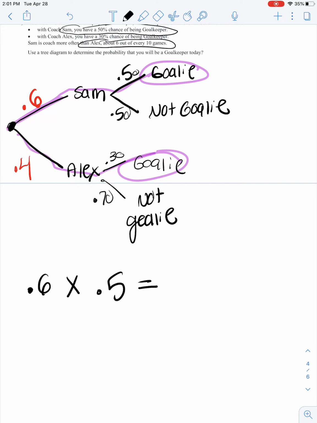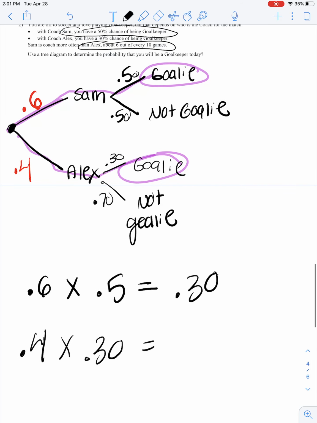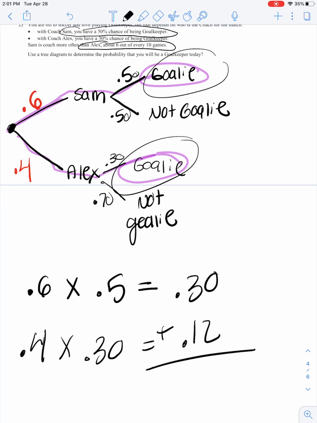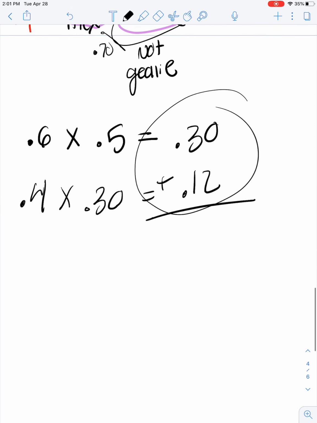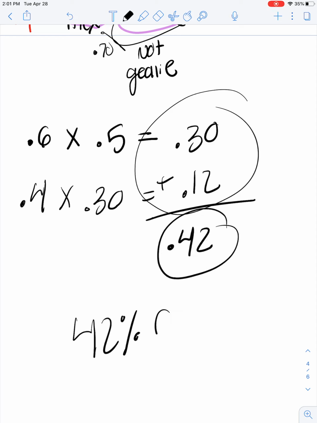That's if Sam's the coach and he picks you to be goalie. So that first probability is 0.30. The second probability would be 0.4 times 0.30, which is 0.12. Both of those outcomes lead you to being goalie. So either of these probabilities would lead you there. So I'm going to add them together, which is 0.42. You have a 42% chance of being goalie.